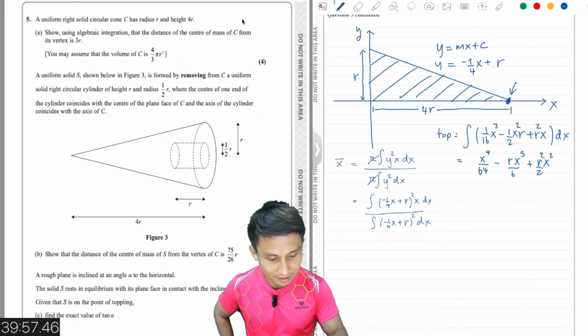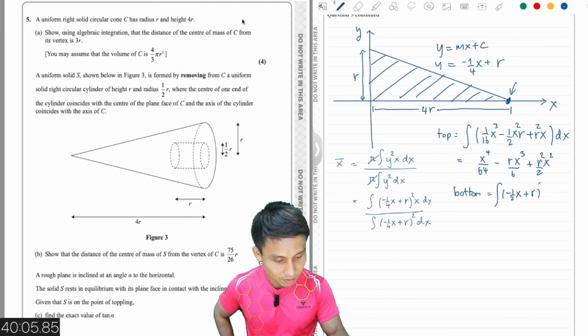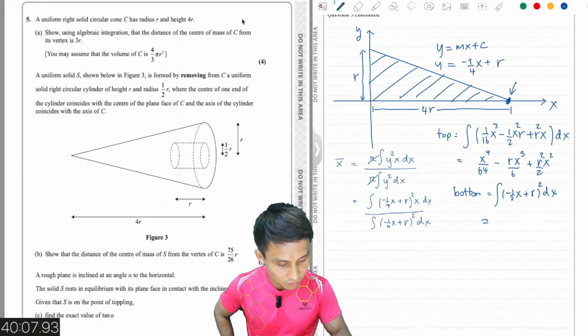Then that's it. That's the top bit. And then the bottom bit is just easy, yeah. So it's just the integral of that, and we can use the reverse chain rule. So it's going to be just (1/4 x plus r) to the power of 3 over 3.